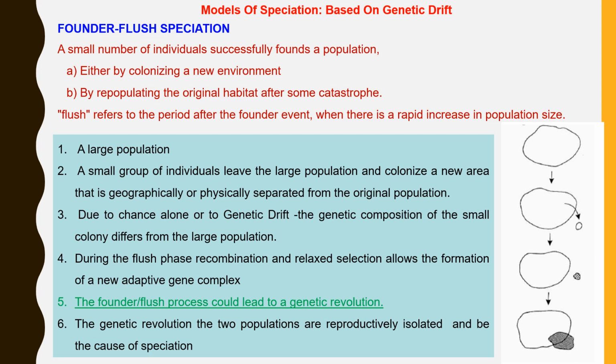During this period, as the number of individuals is small and competition is less, natural selection is relaxed. This leads to formation of new adaptive gene complexes by means of recombination. This period is known as the flush phase. The founder flush leads to genetic revolution and causes speciation.